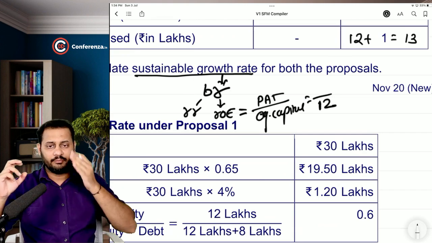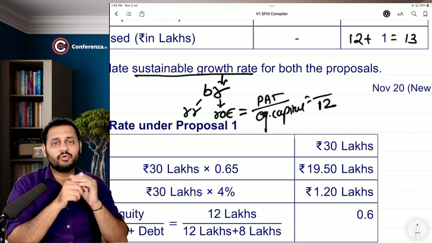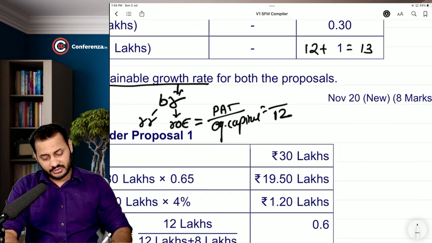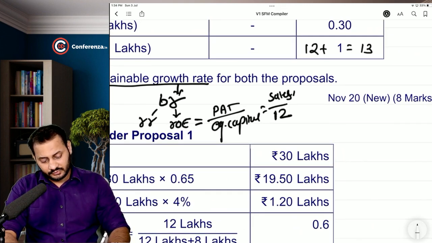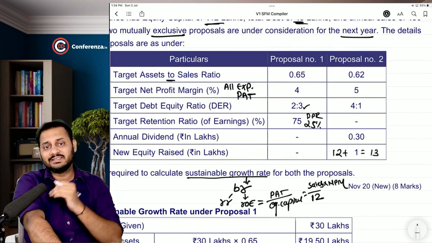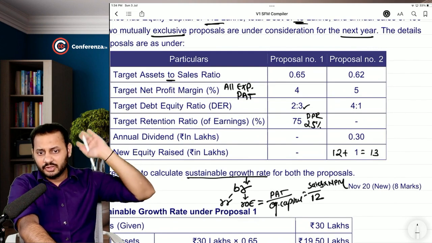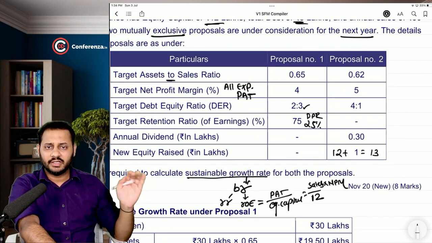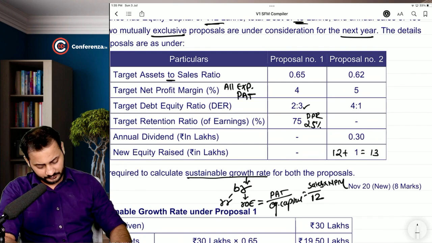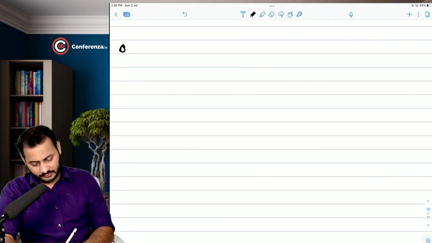Growth rate, B into R, then R's formula. Now we have to calculate profit after tax, which is nothing but sales into net profit margin. We have been given the net profit margin, and the only thing required is sales, where the assets to sales ratio will be applicable. So let's go this way and find out the answer. Then I will take you to the question as well.